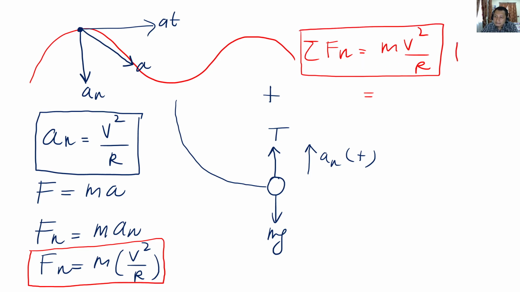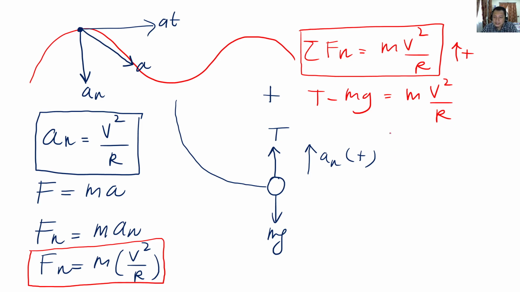Going up is positive. T minus mg is equal to m v squared over r.